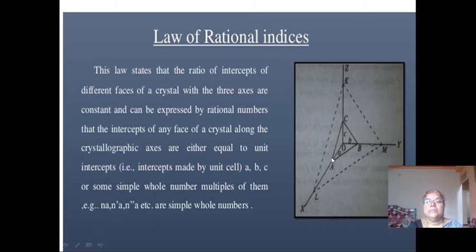Suppose this is another unit cell, with intercepts na, n'a, and n''a, etc., where n are simple whole numbers. In short, by the law of rational indices, we can specify the position of a plane along the three coordinate axes either with the help of the unit cell or with the help of whole number multiples.